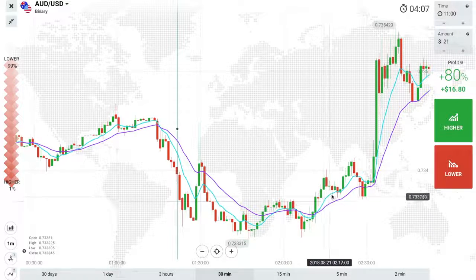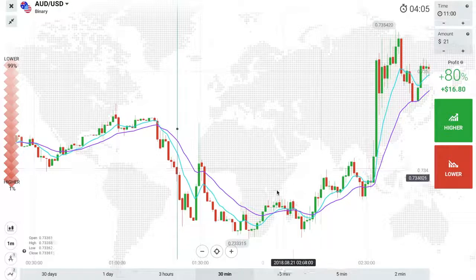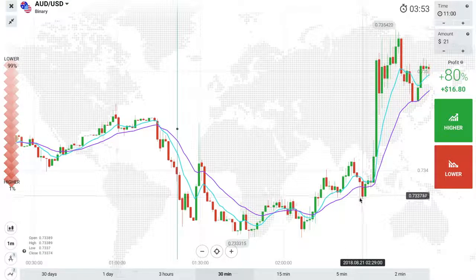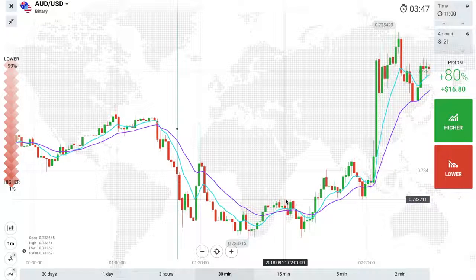Momentum then seems to switch over to the upside, and then this previous structure over here that has now been broken, we are looking for price to come back and retest that for a buy, which, as you can see, it clearly did over here. We would have taken a 1-minute buy, which would have profited. And that's the strategy. It's very simple.